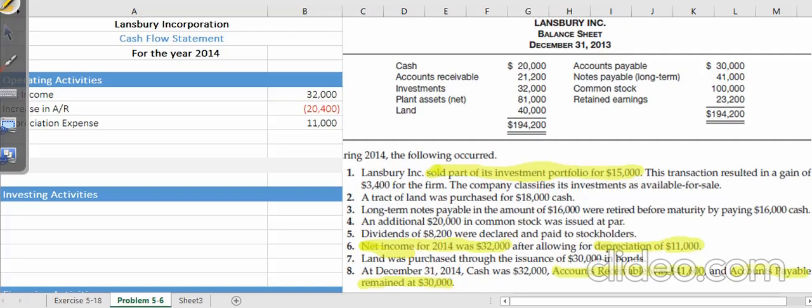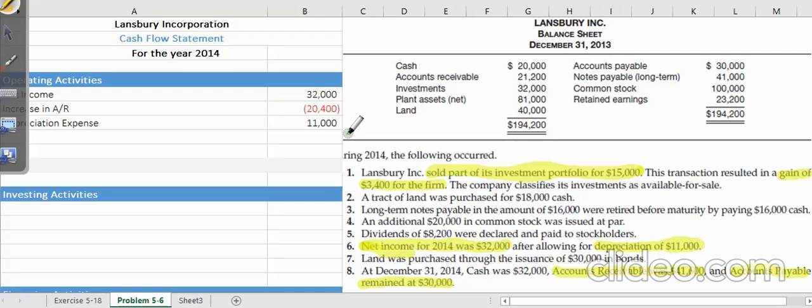They invested their money in the financial securities of other companies, and they sold it for $15,000, so they received $15,000. Now this transaction resulted in a gain of $3,400 for the company. So with the help of this transaction, the company has gained $3,400.